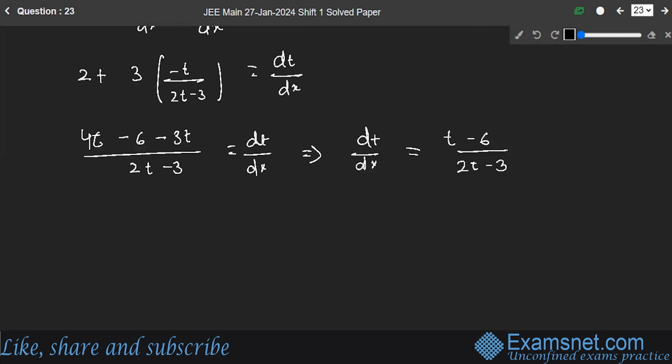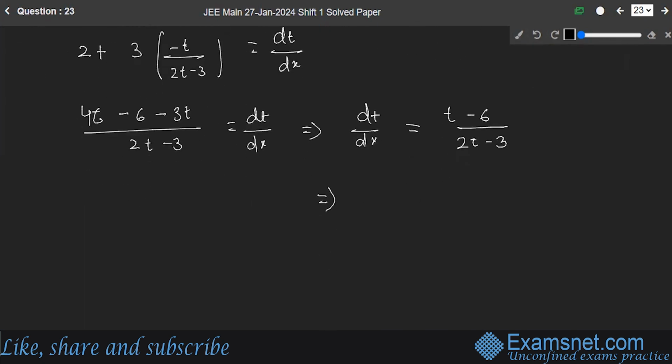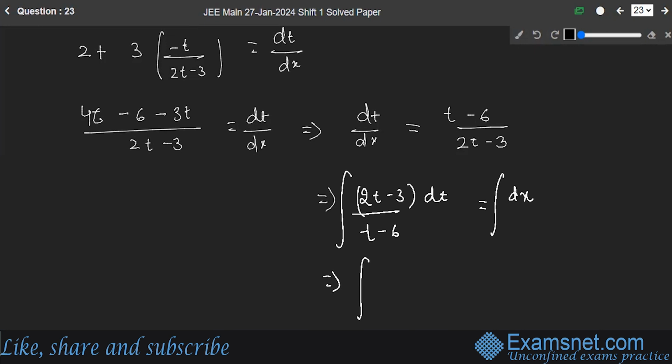All right. So you will have here now integration. So here you will have (2t - 3) dt/(t - 6) is equal to dx. Now let's do the integration of both sides. First of all, before solving the integration, this is 2t - 3. I'll do one thing, adding and subtracting 12: 2t - 12, that is 2(t - 6), and adding a 9 like this.